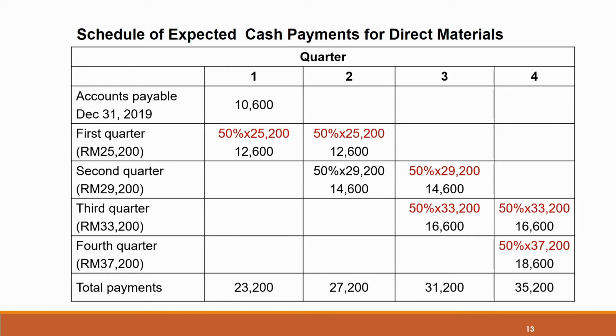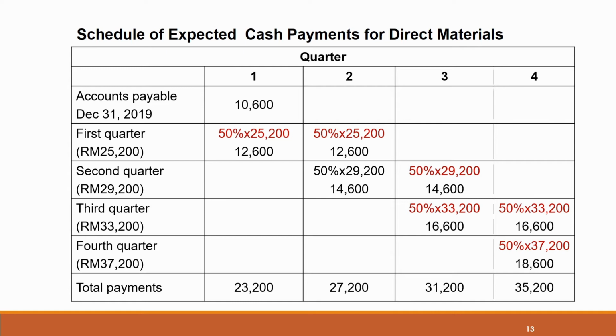For the second quarter, 29,200, we will pay the suppliers 50%. So 50% times 29,200 and you will get 14,600. And we have to pay the following quarter 50% times 29,200 and you will get 14,600. Okay, can you see that?